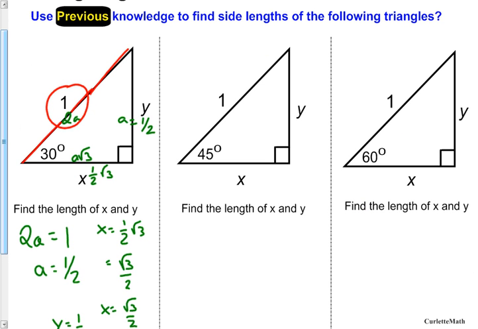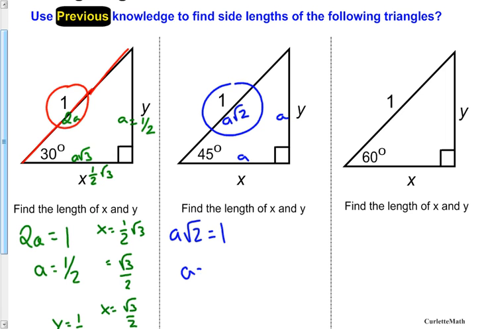Now, what are our fractions going to be for that 45, 45, 90 degree triangle? We remember these ratios. A, a, a square roots of 2. So we have a square roots of 2 equals 1.